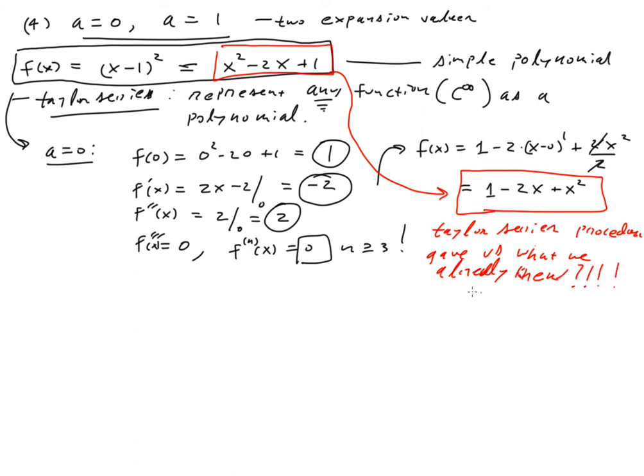I'll put a few exclamation points there, that it gave us exactly what we already knew. But I want to do another example now. Put a line right here. And now let's expand about x equals 1. What I'm really thinking about here is what's going to happen when our expansion point changes.